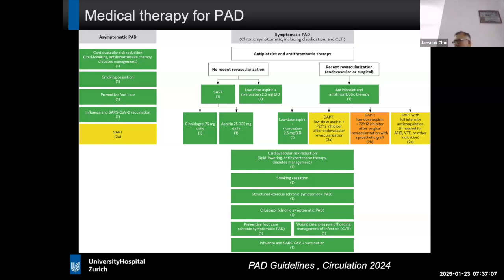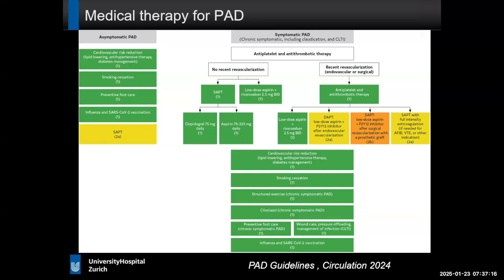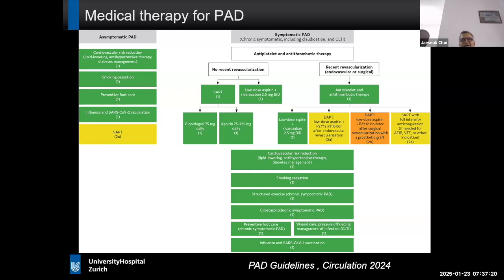We're just checking whether there are any questions from our colleagues. Yes, I have a question. Why do we have to use so many classifications for limb ischemia?